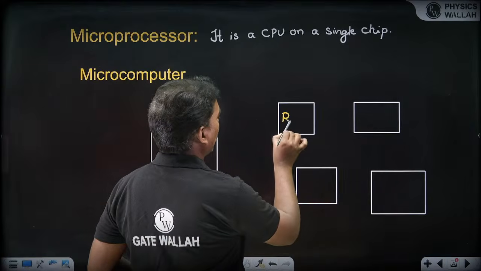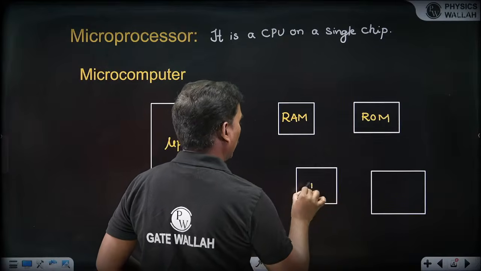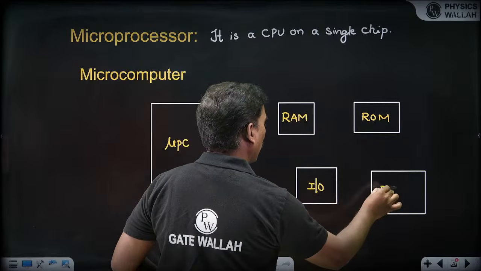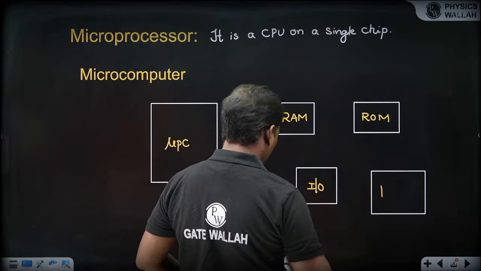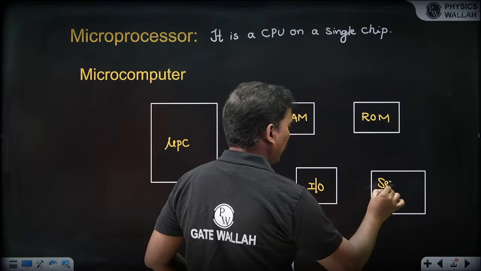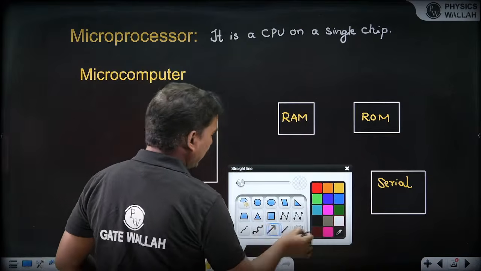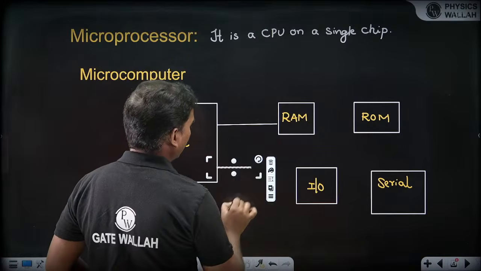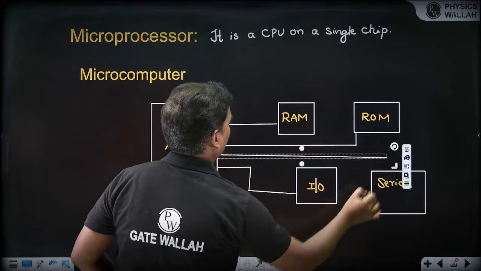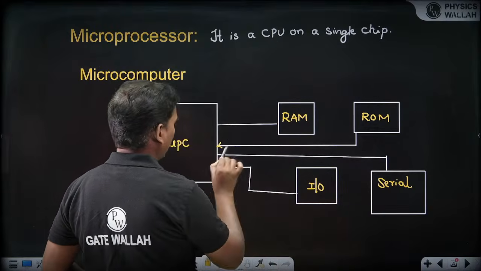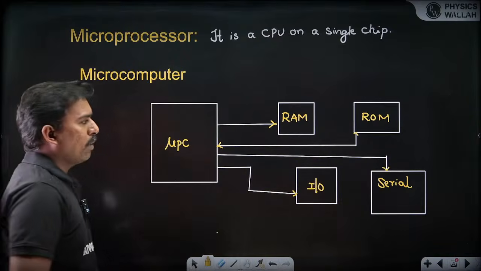So this is what we call as RAM, this is ROM, this is IO ports or some external peripherals like serial data communication and all those things. So now when they are interfaced like this, then this is what we call as microcomputer.